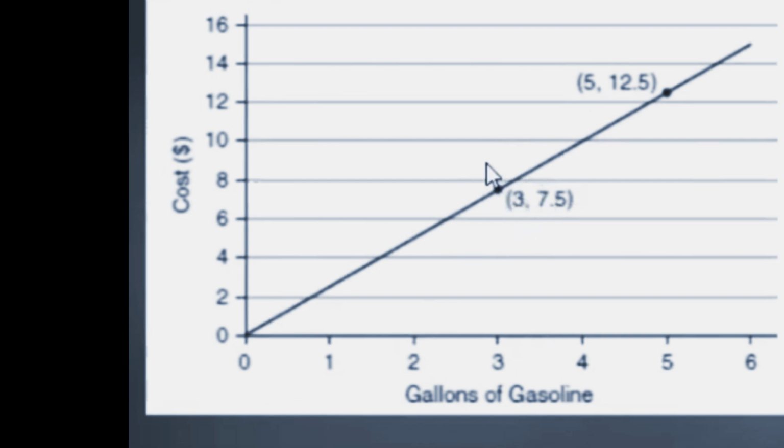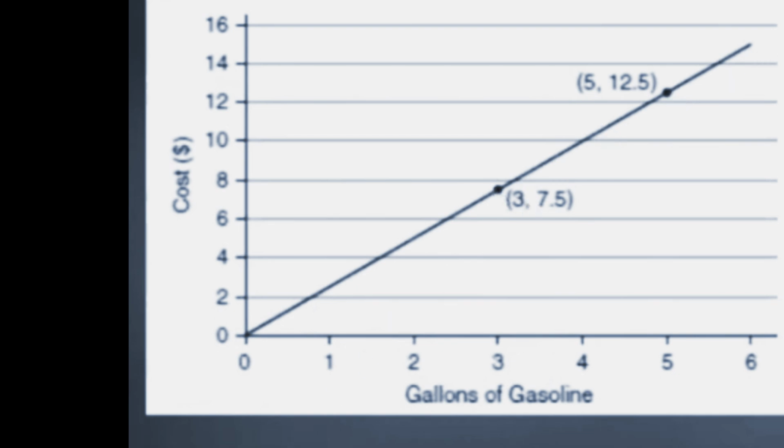So let's pretend that this is their first receipt, okay? They bought 3 gallons of gas for $7.50. And how do we know that? Just by looking at the graph, right? We know at this point right here, it corresponds to 3 on the x-axis, and the x-axis, we're being told, represents gallons of gasoline. So at this point right here on our line, they bought 3 gallons of gasoline.